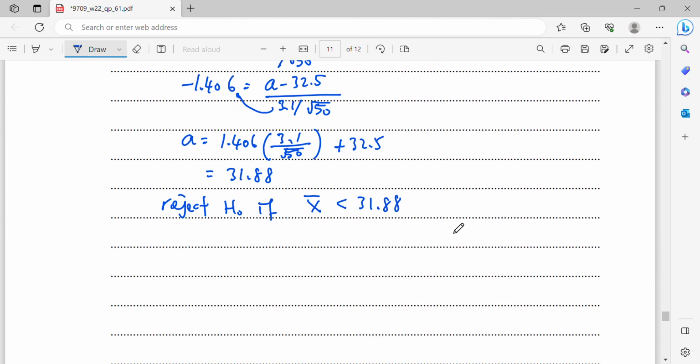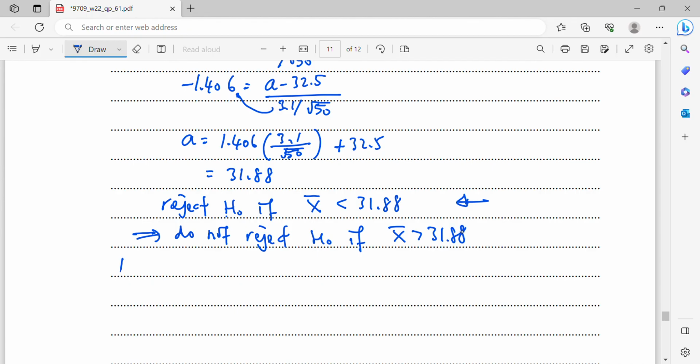So now, from this calculation, we know that reject H0 if the X bar less than 31.88, which means we do not reject H0 when it is greater than 31.88. So do not reject H0 if your X bar is greater than 31.88.